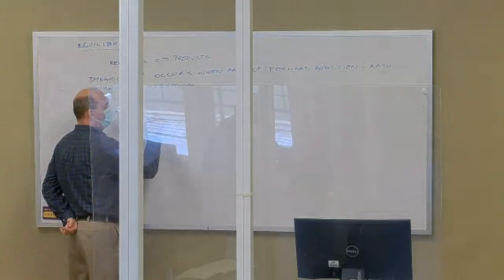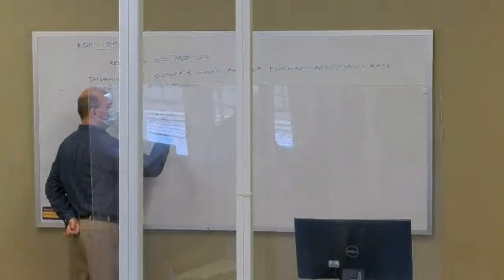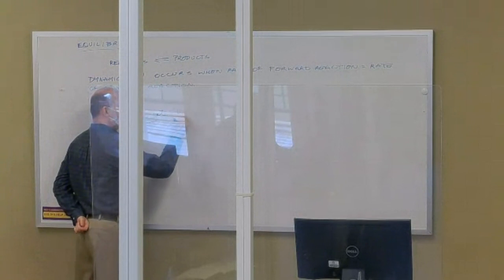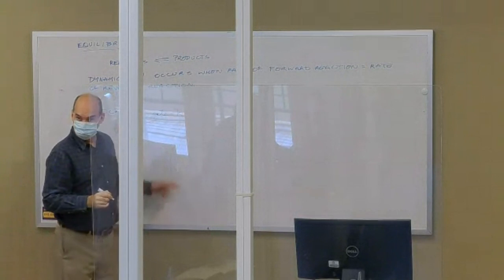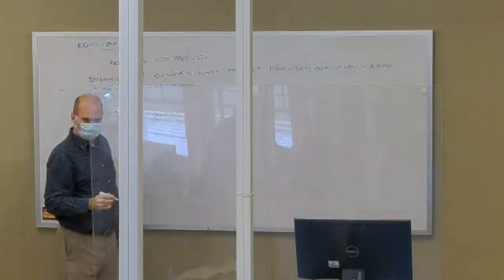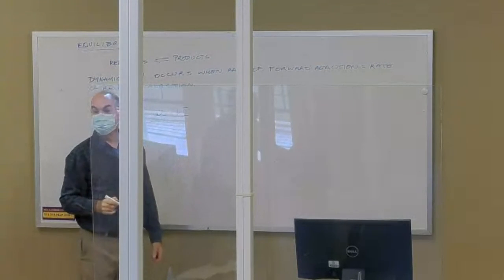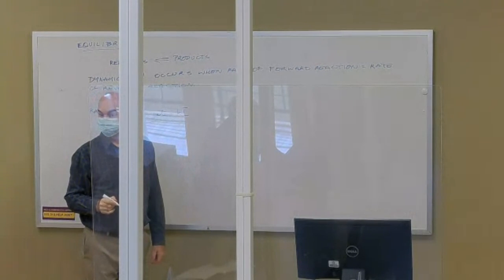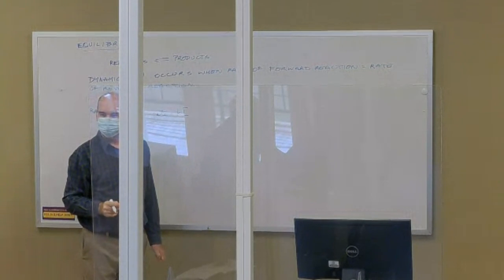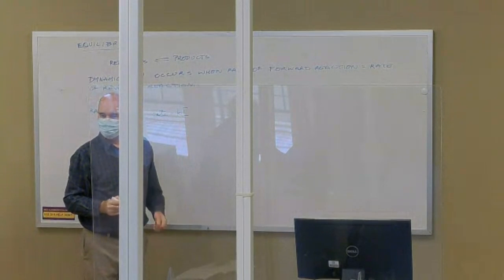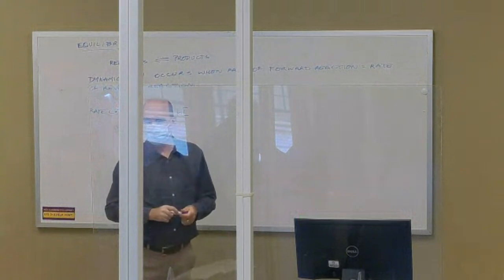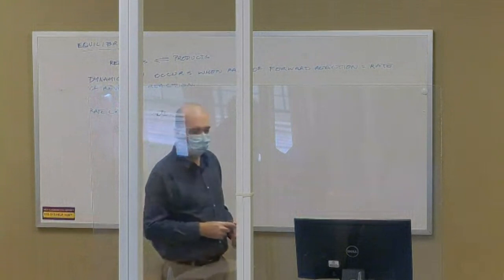The rate law for anything says that the rate of reaction is equal to a constant, it's a lowercase k, times the concentration of something. Is that the concentration of products or the concentration of reactants? I want to know how fast a reaction is working.